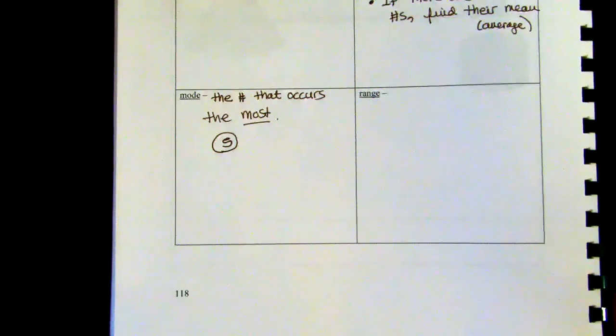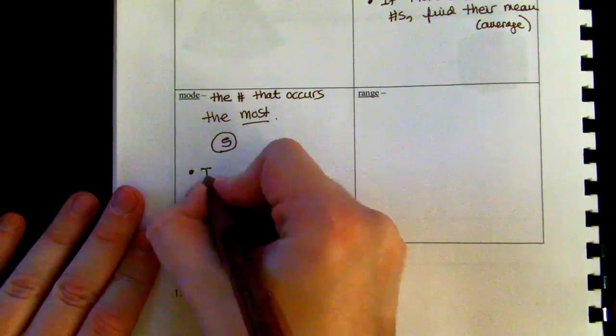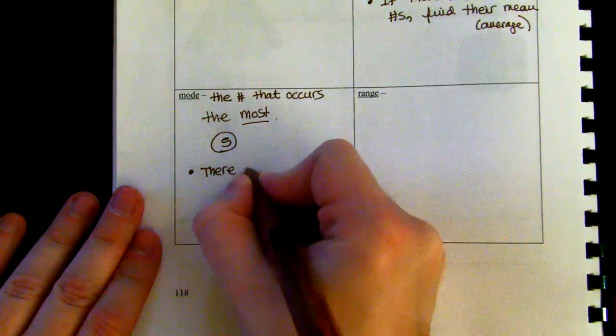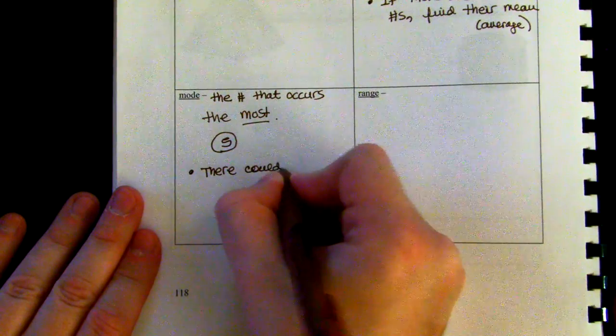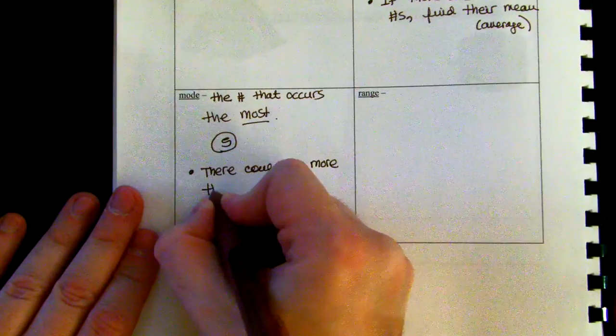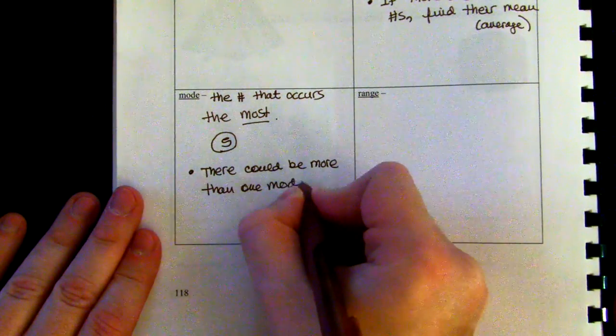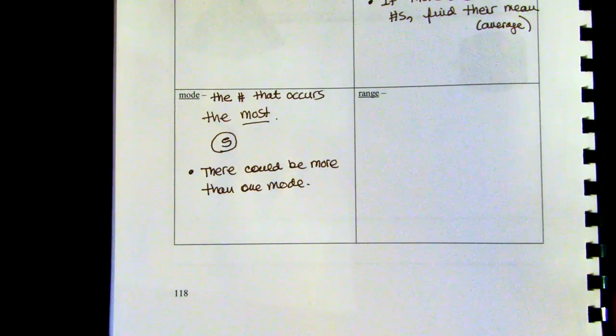Now, if I had 2 numbers that showed up twice, they would both count as the mode. So I'm going to add a bullet point over here and say there could be more than one mode. Get that copied down.